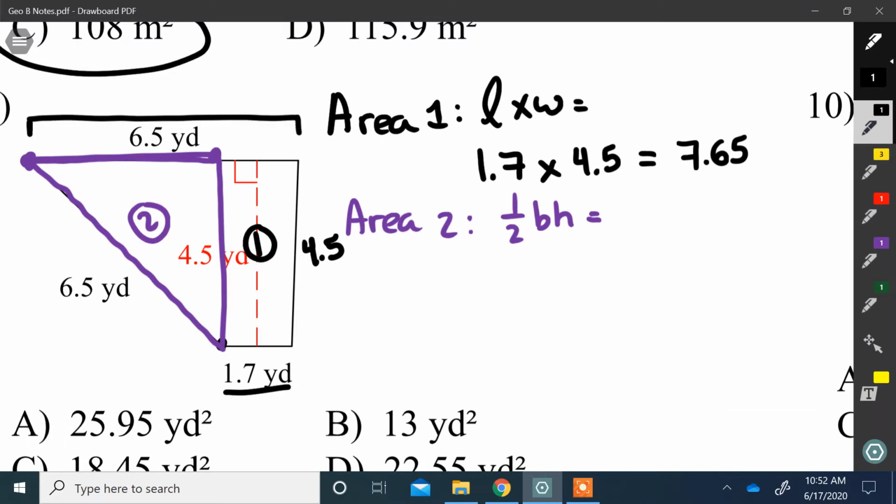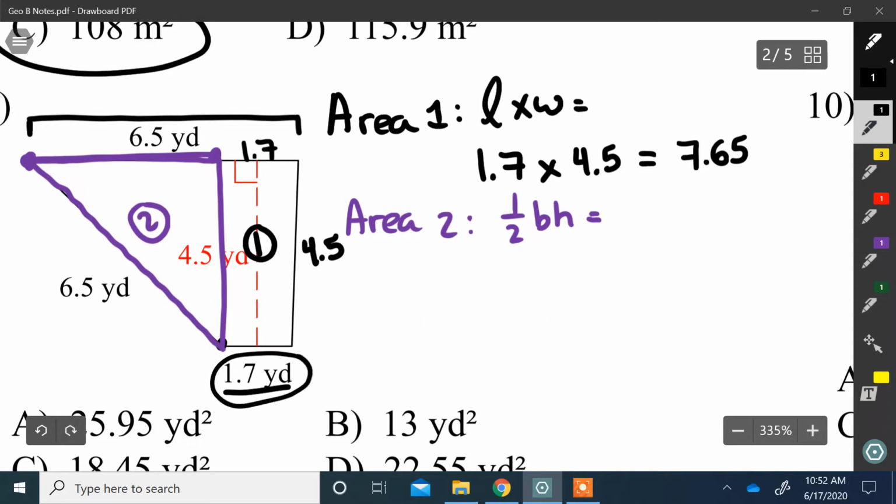Okay? Careful there. 6.5 is the whole thing. So if this right here is 1.7, because this is 1.7, so the top has to be 1.7. How do I get this portion right here? Very simple. I'm going to subtract 6.5 minus 1.7, and that's going to give you 4.8.